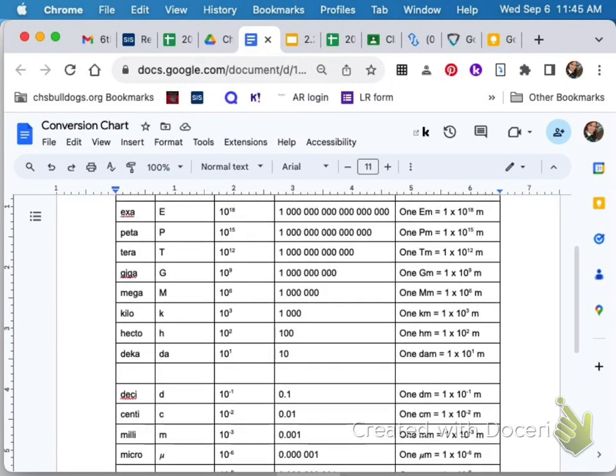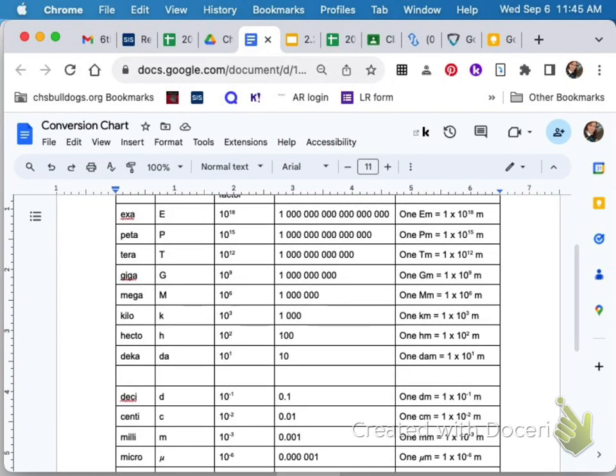Okay. So this is the conversion chart that I was talking about. And you can see, if we're putting the base unit grams in here, where this blank line is, then that means that there are 10 grams in a decagram, 100 grams in a hectogram, and 1,000 grams in a kilogram.